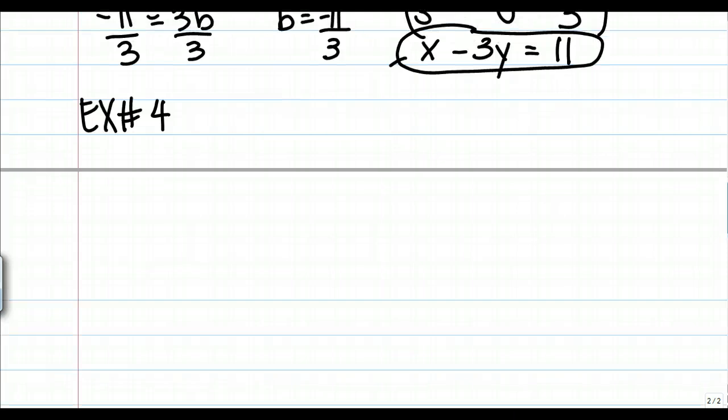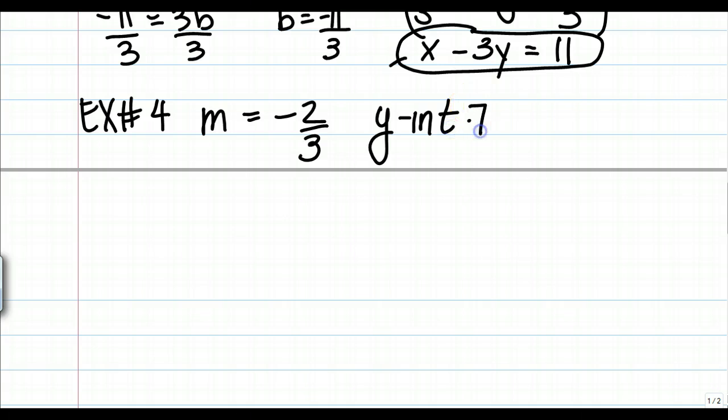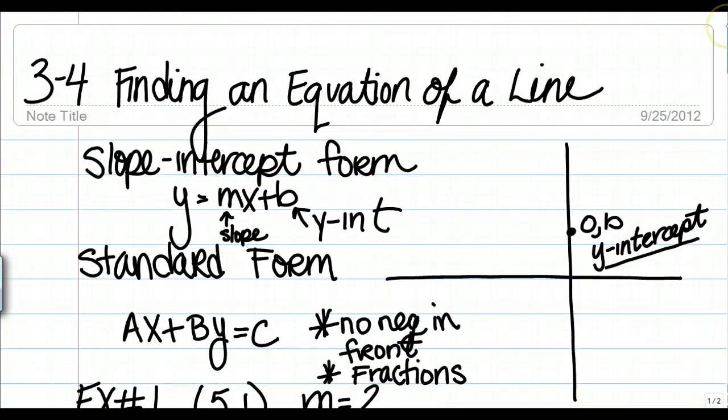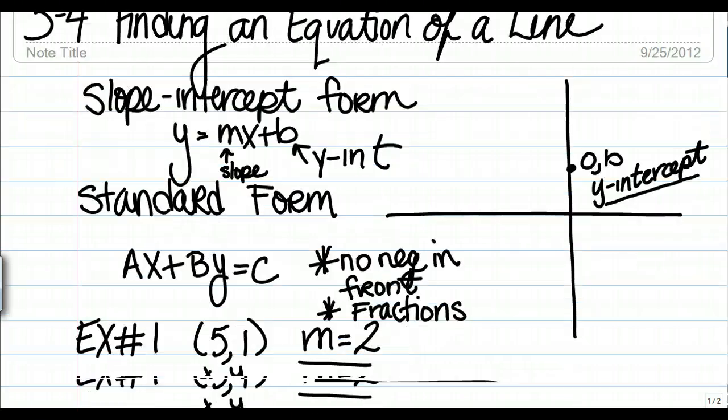Example number 4, I'm going to tell you that I have the slope of negative 2/3 and a y-intercept of 7. Now remember, in the notes, I told you that the y-intercept is your b. And I also said that if it were a point, it would be 0, comma, whatever b is.